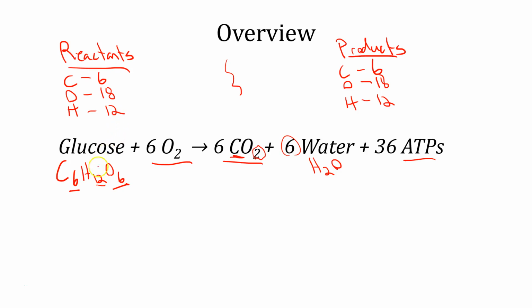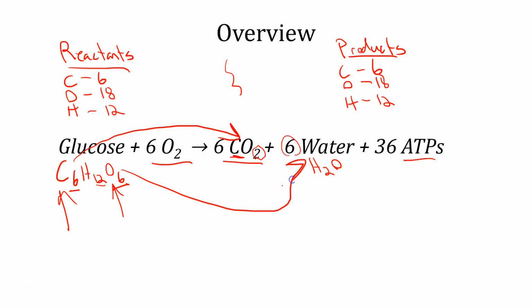So here's kind of what happens. The carbons and the oxygens in glucose get converted into carbon dioxide and also water. And then the hydrogens are going to be utilized to make ATP, but then they end up forming some water as well.